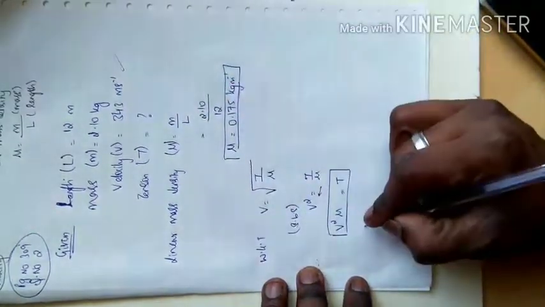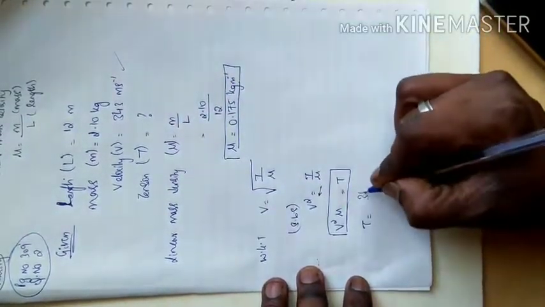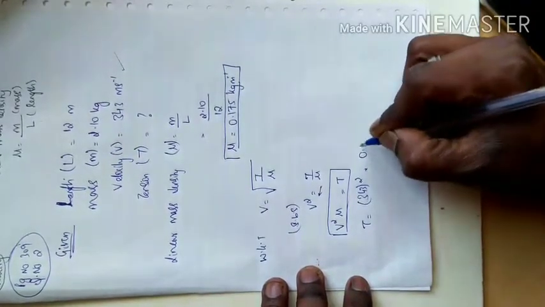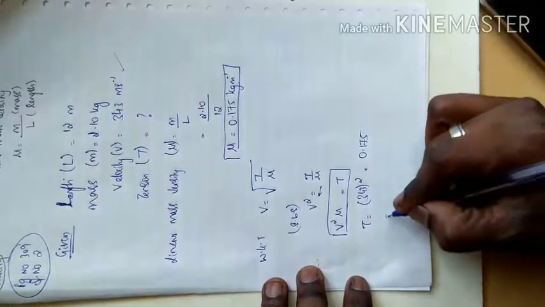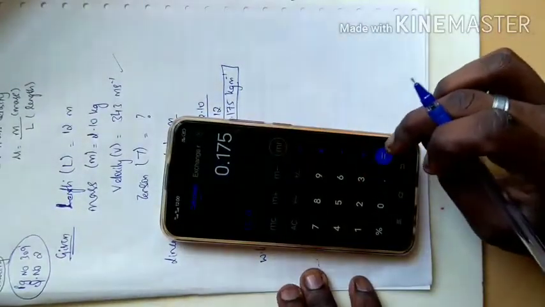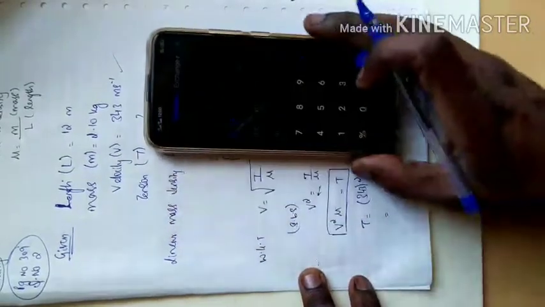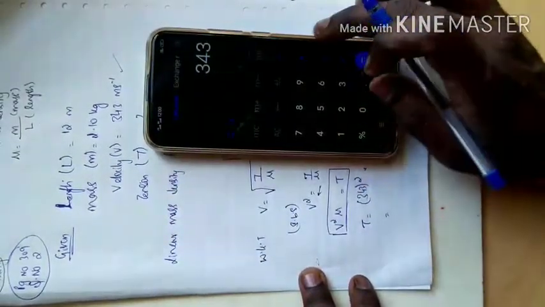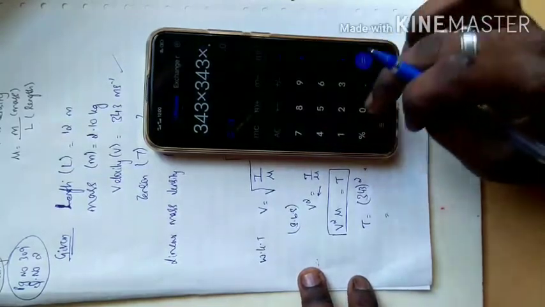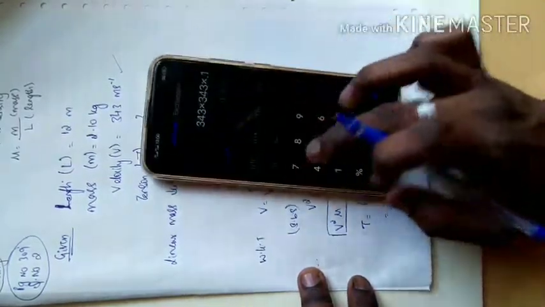That's all. Then T is equal to the v value, 343, the whole square, into 0.175. If you do this, how much will you get? You will get 343 into 343 into 0.175.